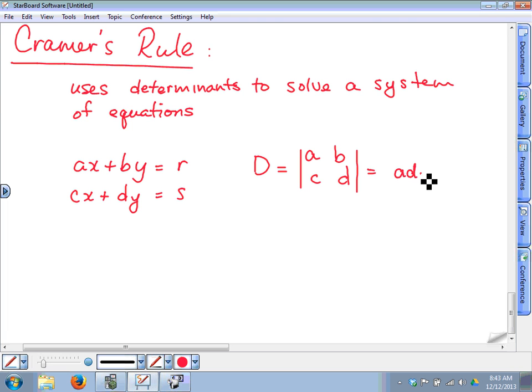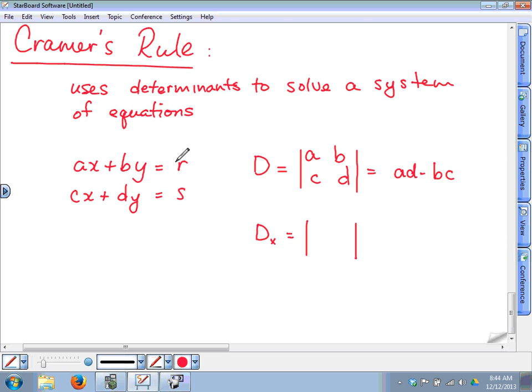AD minus BC. The next determinant is going to be a capital D, but I'm going to put a subscript of X by it. D sub X. That determinant is a little different than the one you just found. The subscript of X means the entries in the X column aren't going to be A and C anymore.